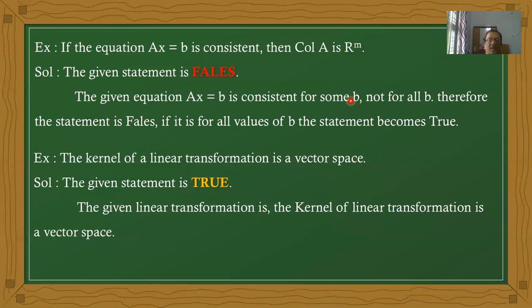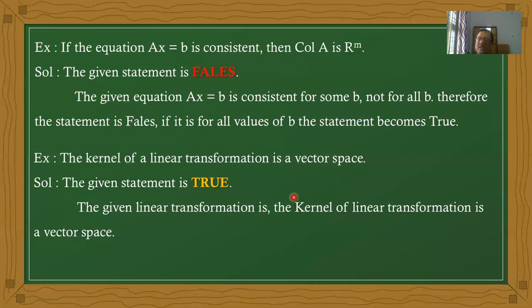Next, the kernel of a linear transformation is a vector space. Yes, it is true. For example, in a given linear transformation T of x equal to Ax, the kernel of the linear transformation is a vector space.